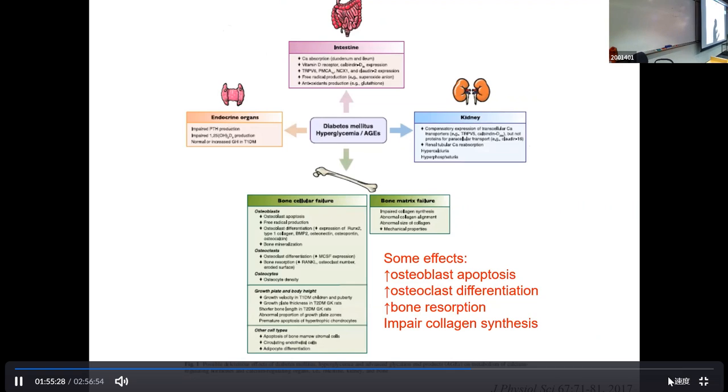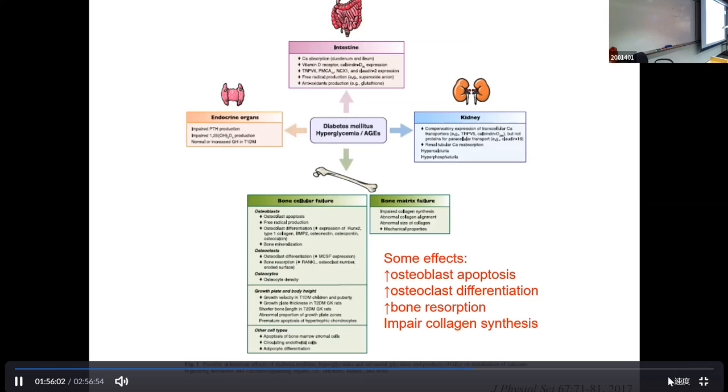This is just, again, don't memorize it. Okay, don't memorize the diagram. I just highlighted it. I haven't put it in the handout, but I find it too small to read, so I just select a few things for you to remember. Somehow, how diabetes will interact with different organs, and since we're talking about bone, I'm just highlighting here, okay?